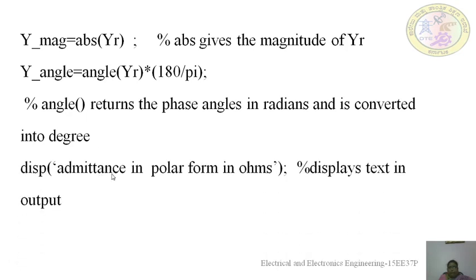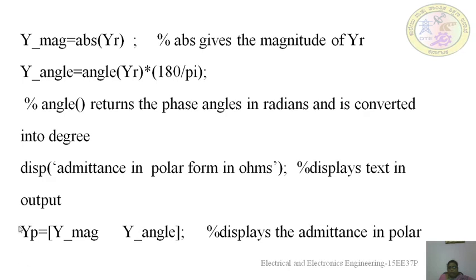Then display admittance in the polar form in ohms. So this will be displayed as text. YP is equal to Y magnitude, Y angle. So here I am displaying the variable in the polar form. That is, admittance is now displayed in the polar form, the magnitude, and it will give us the angle.